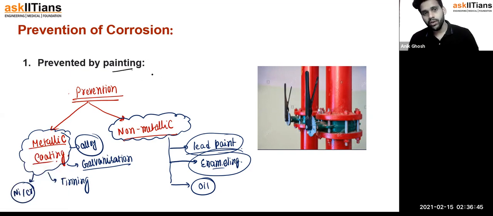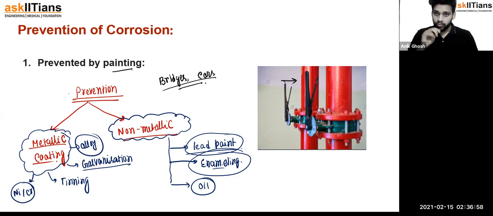So you can do it via painting. I think you have seen there are so many bridges, in cars. If you have ever given some metal objects to the blacksmith to make some repairs or something like that, when they give it back to you, they would just paint something red over it.